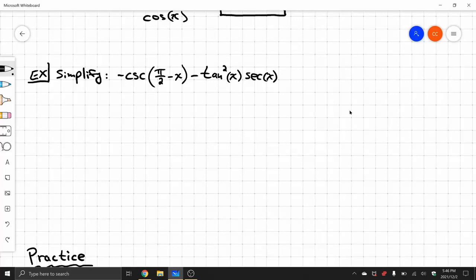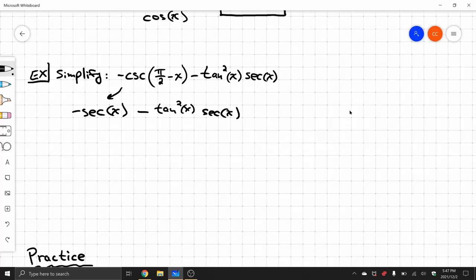I can rewrite the cosecant as just negative secant of x. If I look at my cofunction identities, I know that those two are equal to each other. Minus tangent squared x times secant of x, okay?